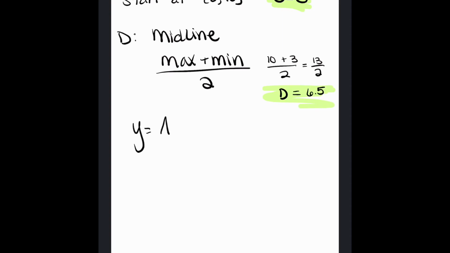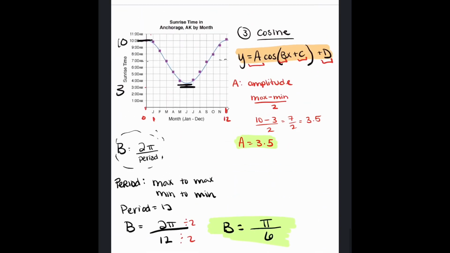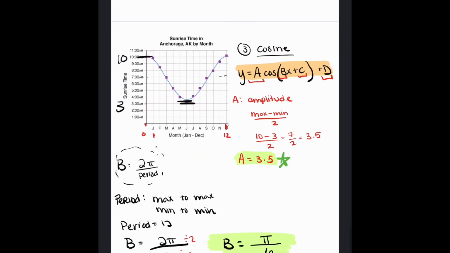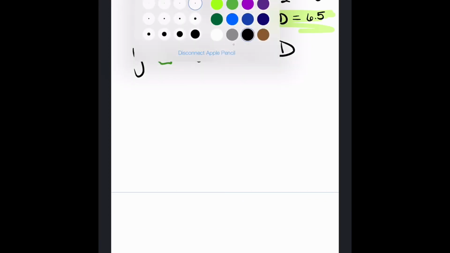Y equals A cosine of bx plus C, plus D. And I'm going to start plugging these in. So I'm going to just start scrolling back up and saying, okay, what was A? A is 3.5. B is pi over 6. So I'm going to go here.